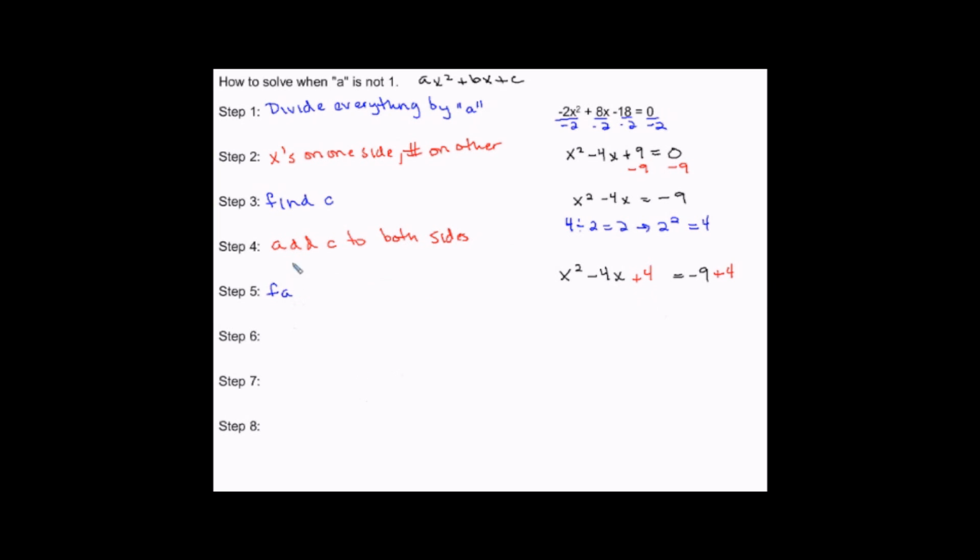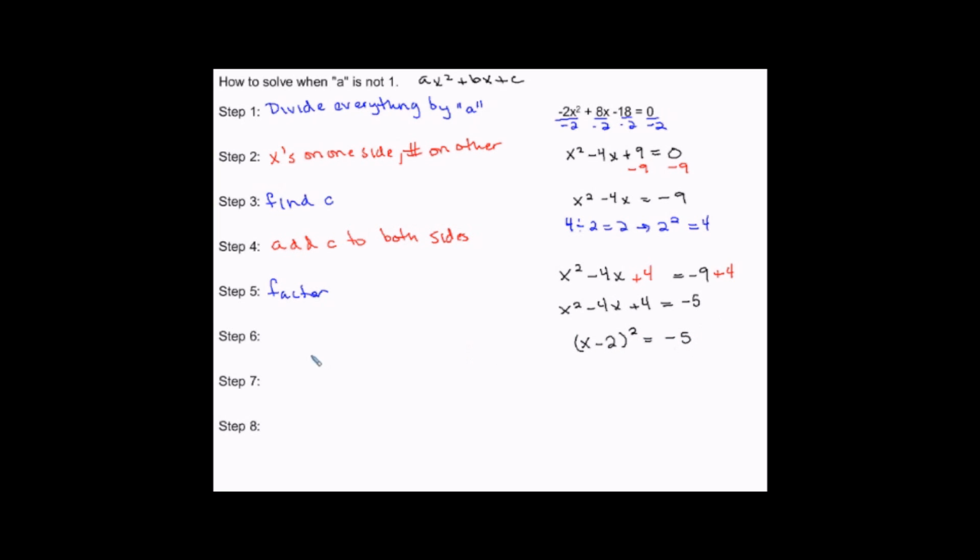I'm going to factor, or actually I'm going to simplify this first. Then I'm going to factor. And I'm going to get x minus 2 squared is equal to negative 5.